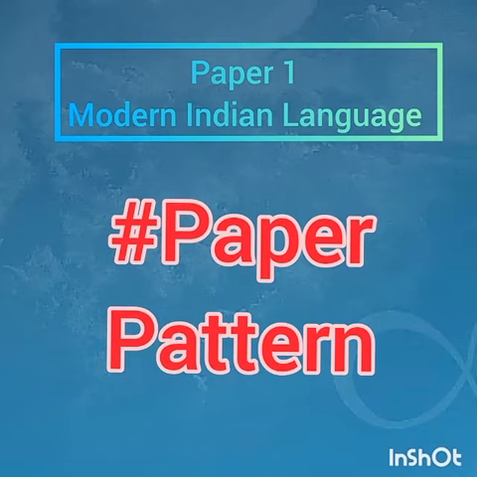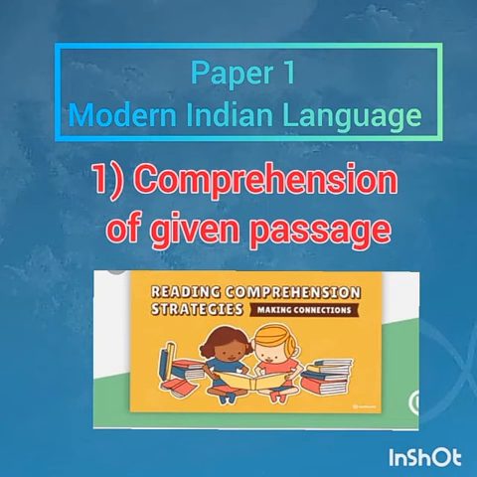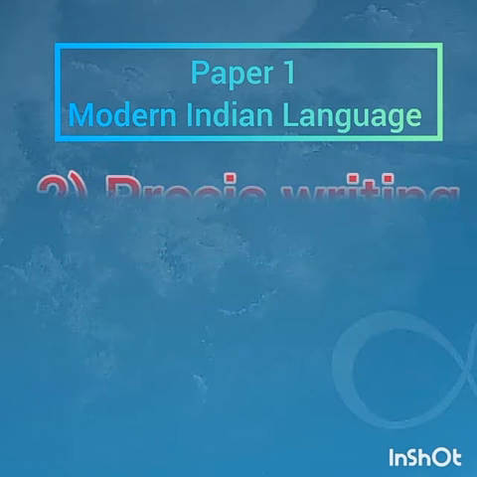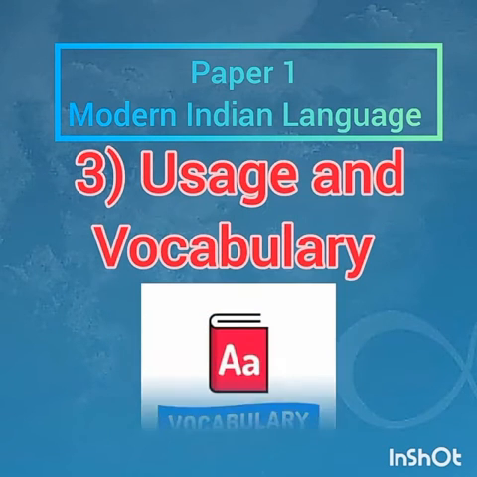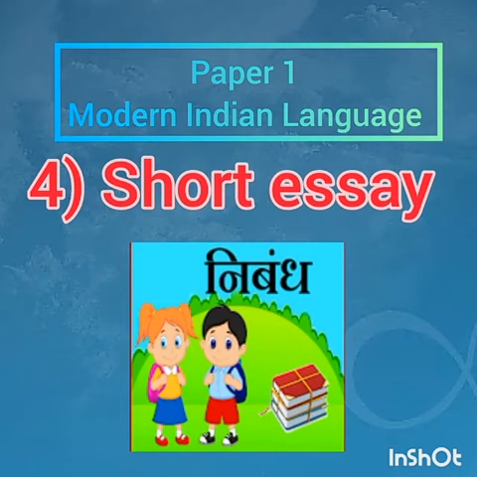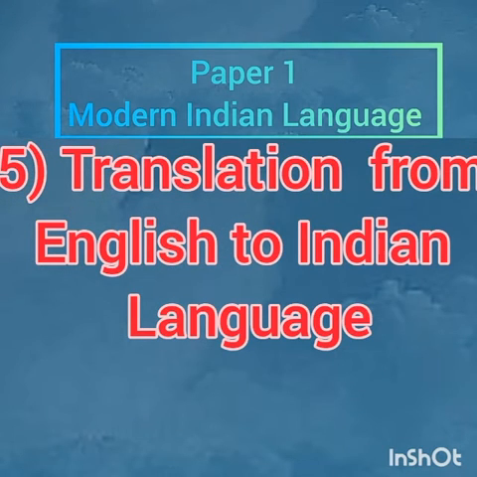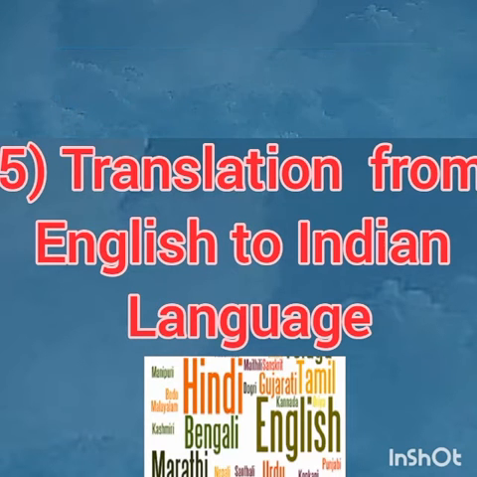The paper pattern of paper 1 is: first, comprehension of given passage; second, precise writing; third, usage and vocabulary; fourth, short essay; fifth, translation from English to Indian language.